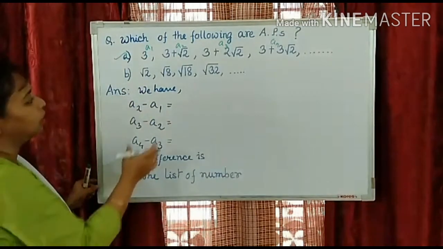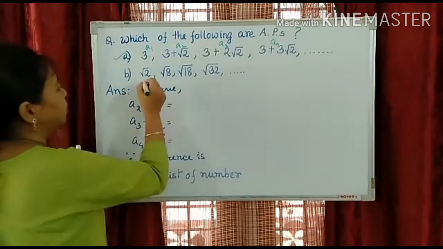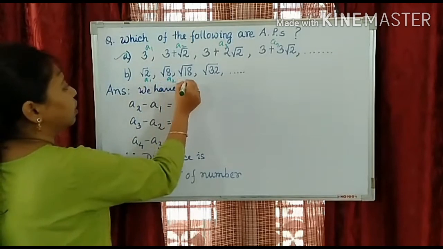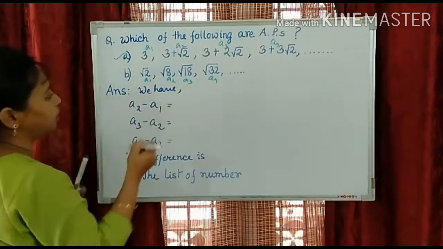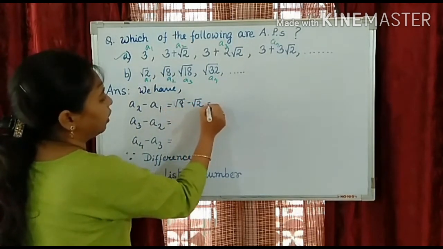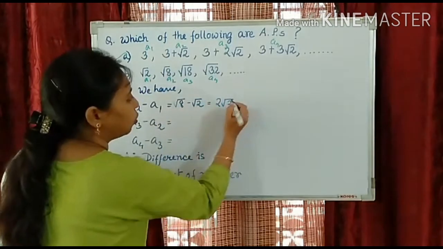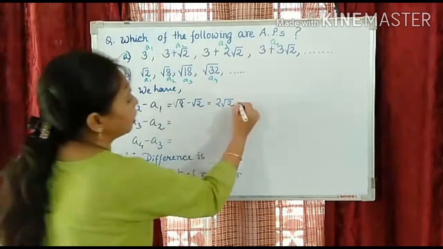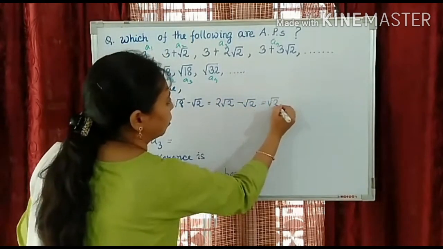The second one we have is here. The first term is A1, this is A2, A3 and A4 is this one. A2 minus A1 will be root 8 minus root 2. Here root 8 we know is 2 root 2, so 2 root 2 minus root 2. Their difference is also root 2.